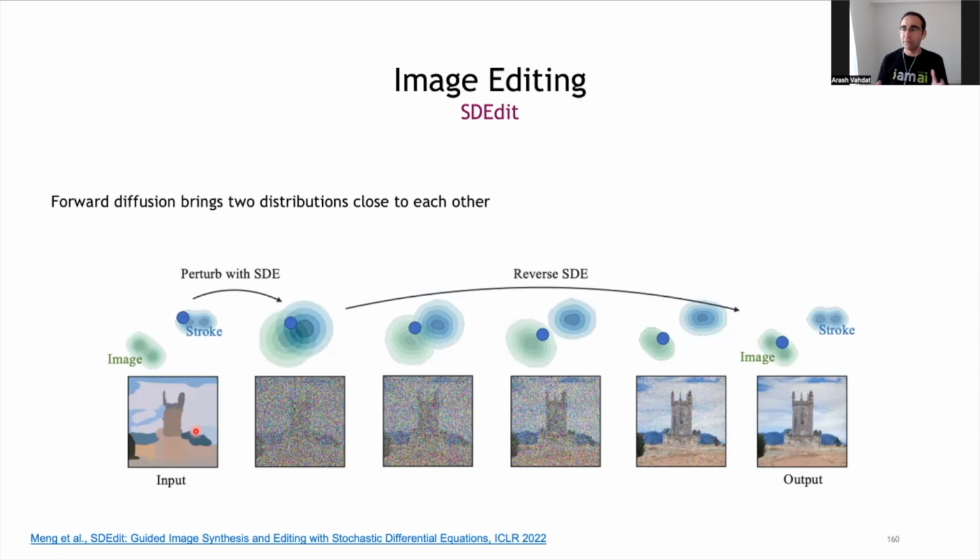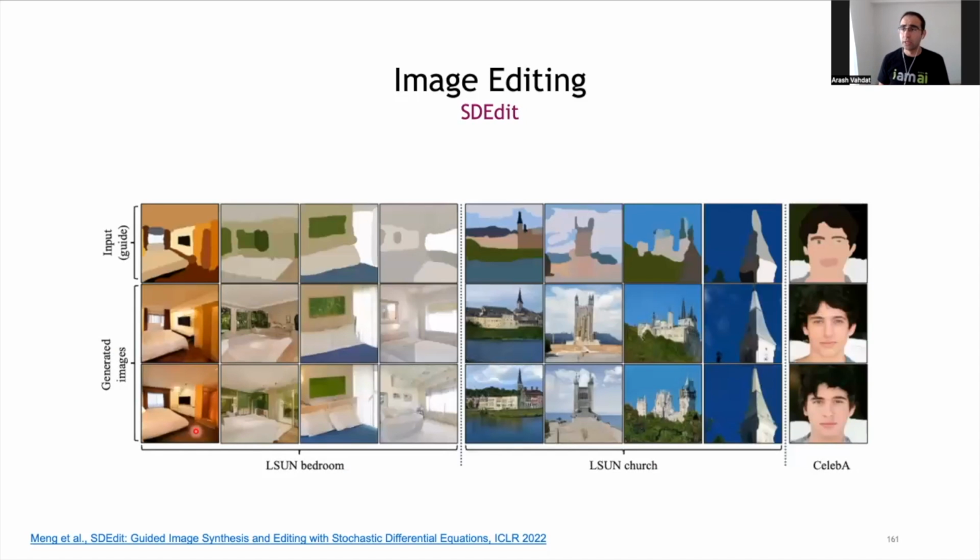So it has some advantages and disadvantages that we should have in mind. The paper shows very interesting results on different data sets. Here you can see stroke paintings for models trained on LSUN Bedroom, LSUN Church, and CelebA. And you can see in these two rows how a generative model using SDEdit can be used to generate realistic images that correspond to stroke paintings.